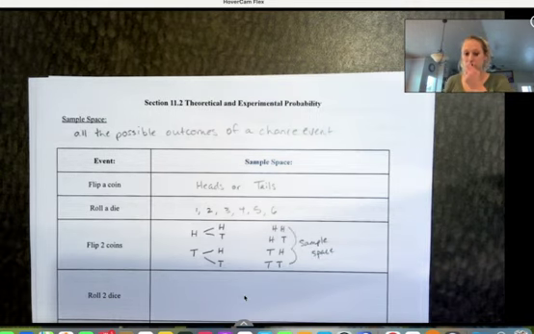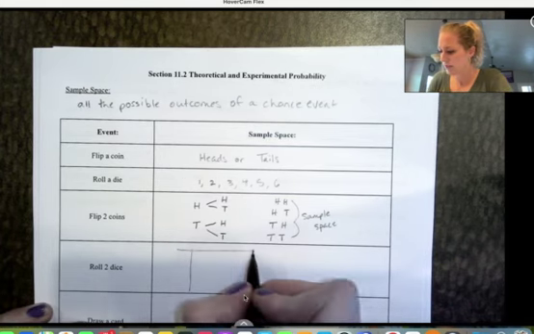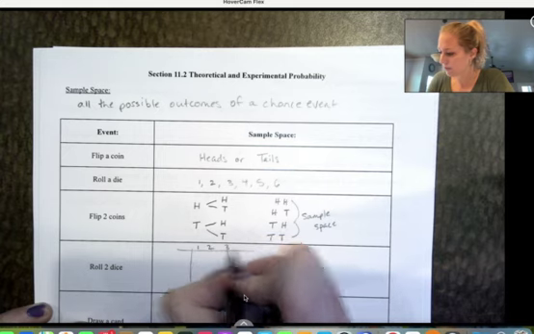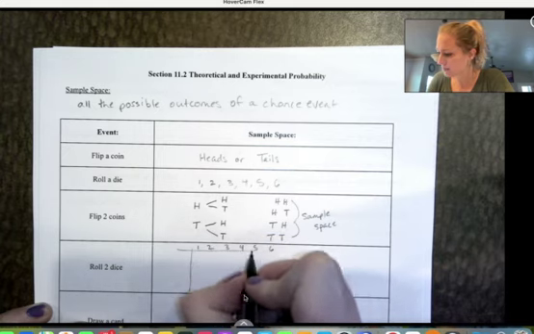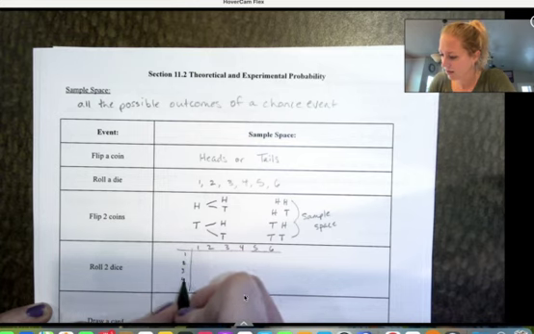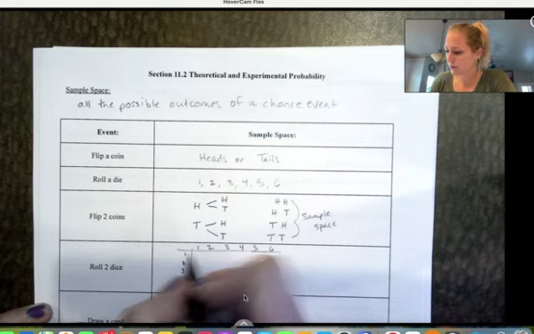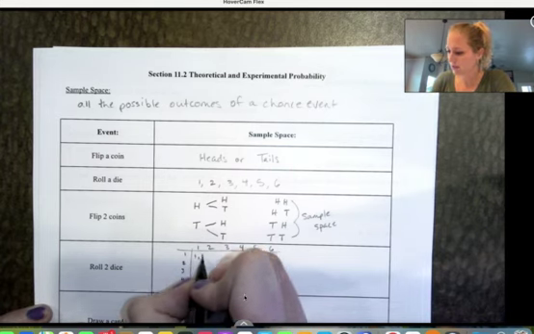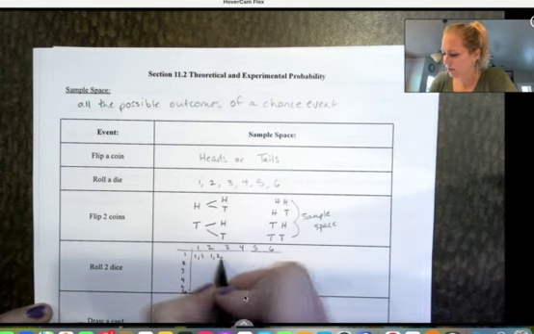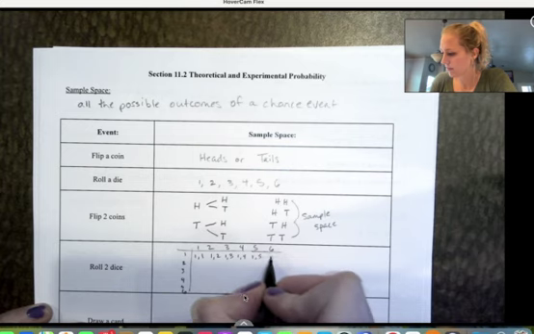Okay, now rolling 2 die is kind of similar. I'm going to set this one up a little bit different. So let's say I have on one die, I have 1, 2, 3, 4, 5, and 6 as my options. On the other, we have the same thing. If I roll 1 die and get a 1, the second one get a 1, that would be 1 pairing, right? 1 then 2, 1 then 3, 1 then 4, 1 then 5, 1 then 6, right?